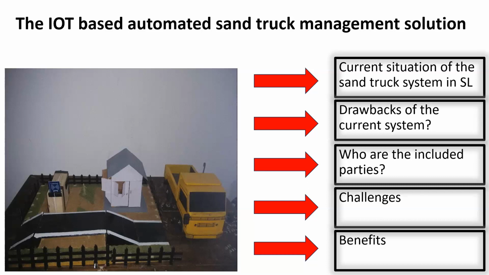The main thing during the COVID-19 period was that we could not touch the permit sheet, because we don't know who is affected by COVID-19. That was a big drawback.